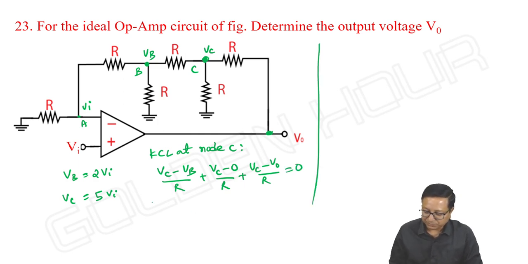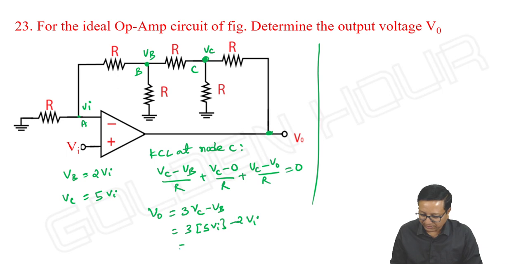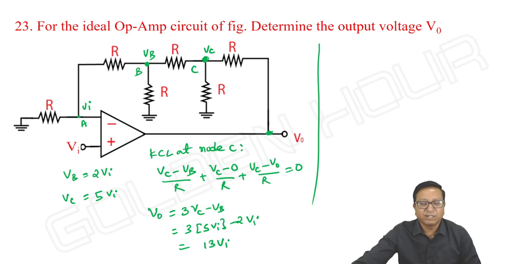So what is V output? 3 Vc minus Vb. It is 3 into Vc is 5 into Vi minus Vb is 2 into Vi. It is 13 into Vi. Okay. V output is equal to 13 into Vi. Very simple.